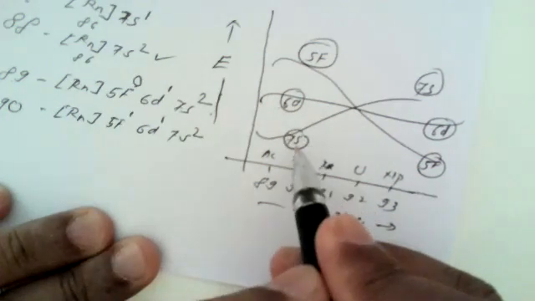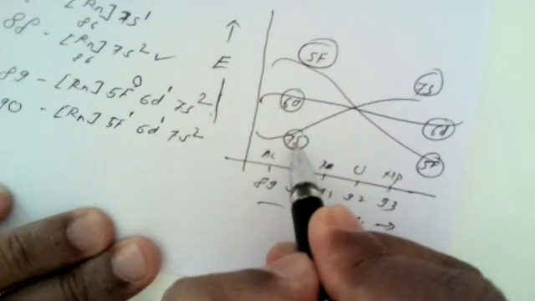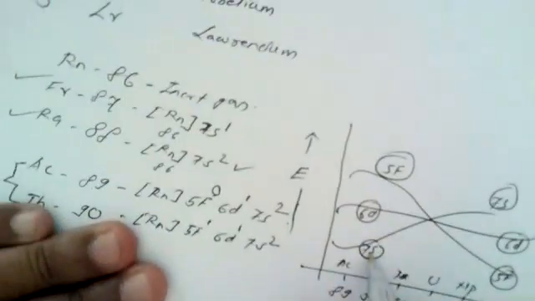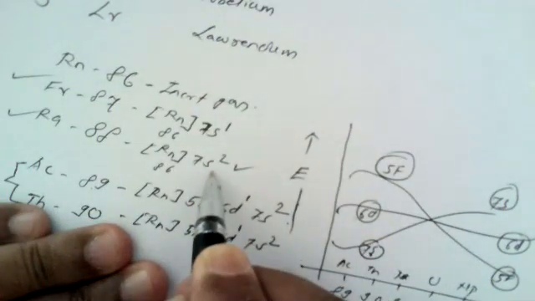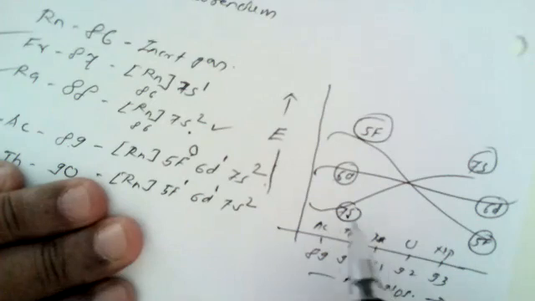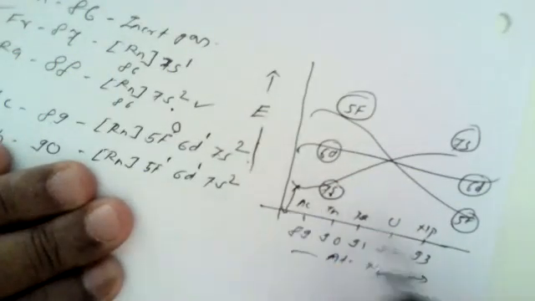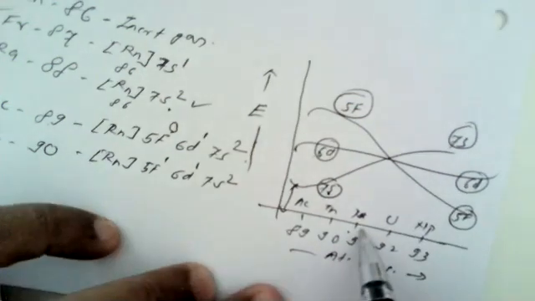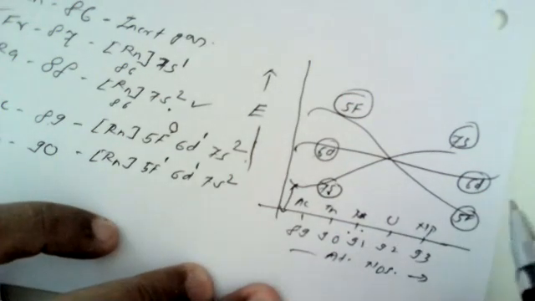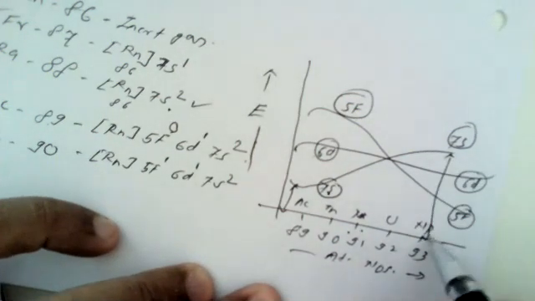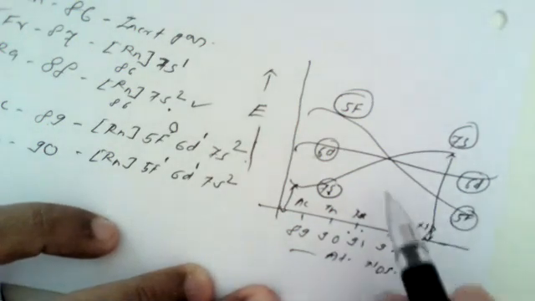We have seen when the 7s orbital is filled at radium, here I have shown, because the 7s orbital has low energy, but after protactinium, atomic number 91, the 7s orbital has high energy. Just see here.